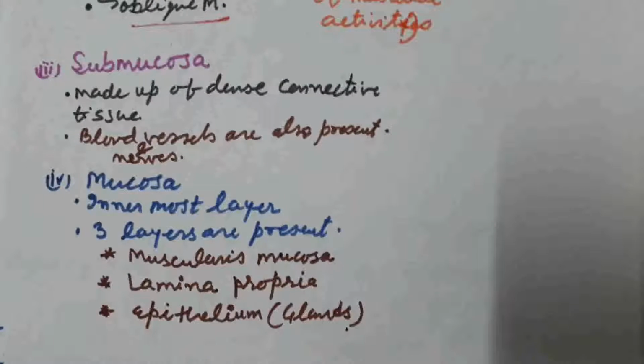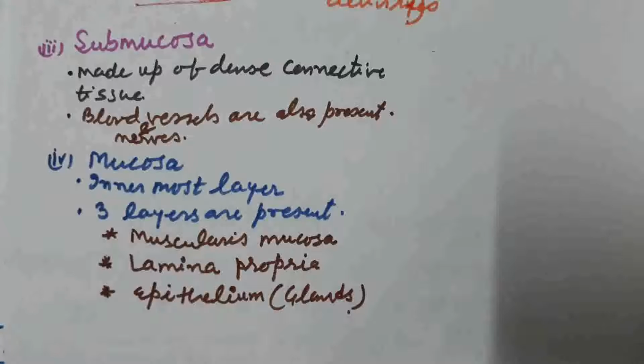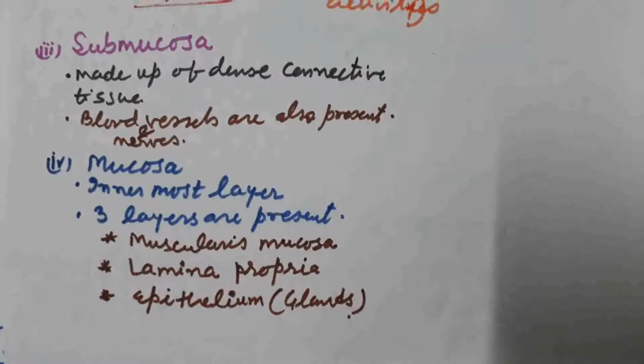Submucosa is made up of dense connective tissue, and in the dense connective tissue area there are blood vessels and nerves. The fourth layer is mucosa, which forms the innermost layer. 3 layers are present in the mucosa: muscularis mucosa, lamina propria and epithelium. This epithelium is glandular, which helps in secretion of digestive juice in which enzymes are there, which help in digestion of the complex food material.